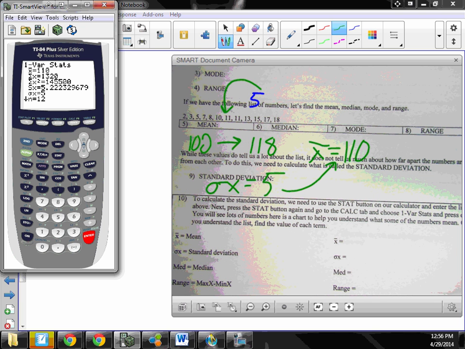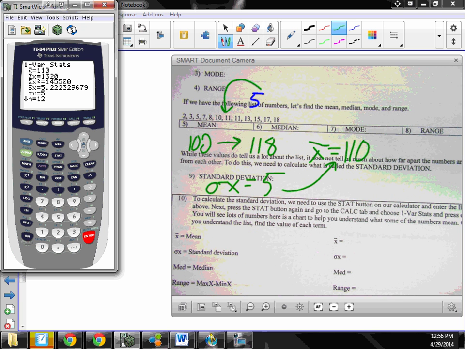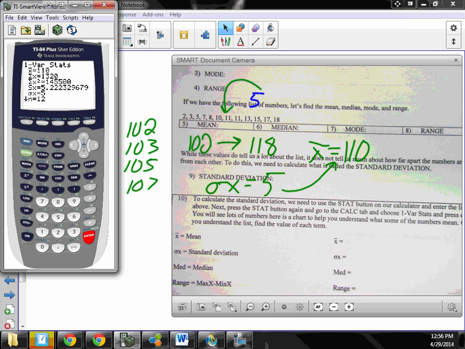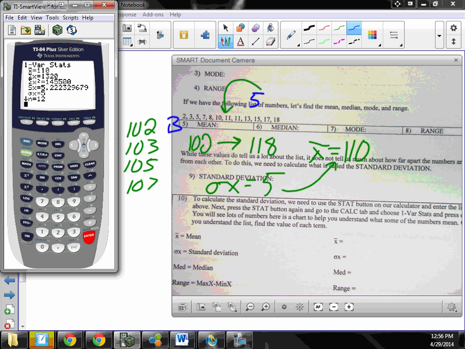Well, let's think about the grades. So this would be 102, 103, 105, 107, and so on. If I gave a test out of 120, this grade would be a B, and a B, and a B, and a B, and then I'd end up with lots of A's. How spread out are those scores?